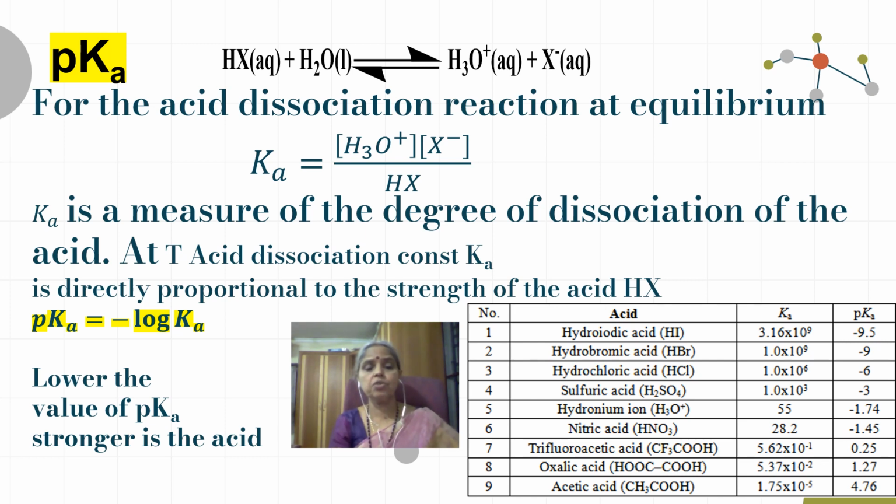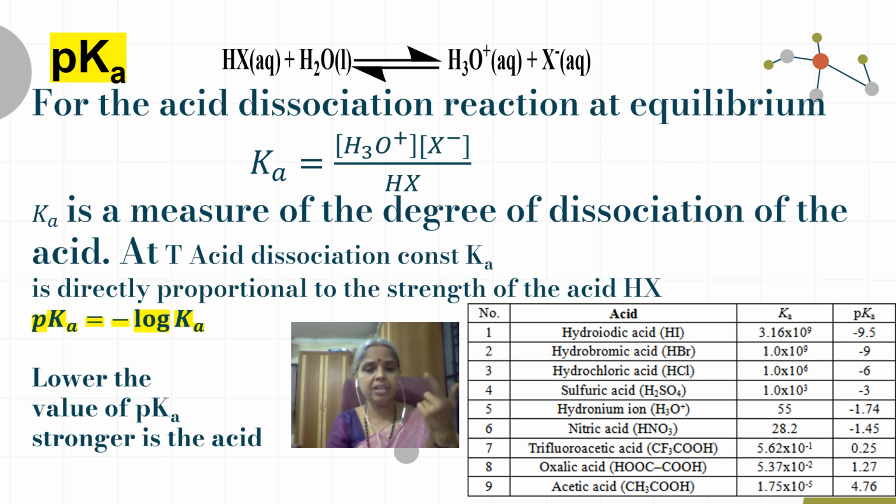It is measured after attainment of equilibrium condition, wherein in the numerator you take the concentration of H plus ion or H3O plus ion along with the corresponding anion, and in the denominator we take the concentration of the undissociated acid. Just by looking at this equation, you can make out that the Ka value will be very high if all HX is dissociated to form H3O plus and X minus.